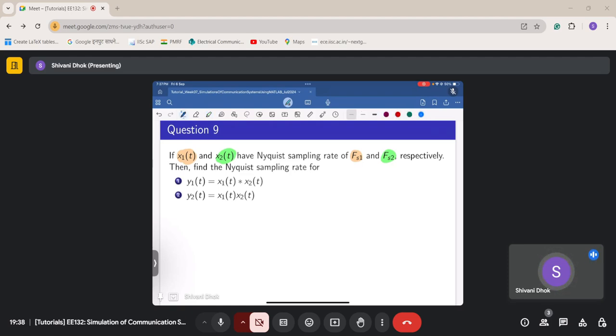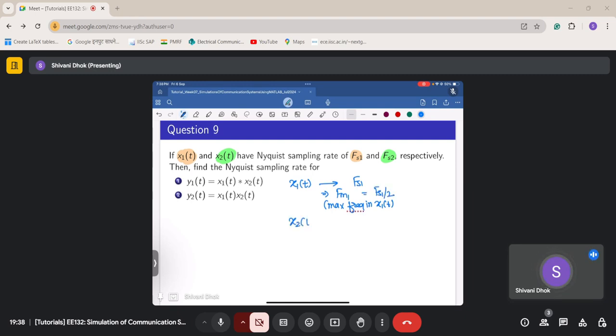So what is given to us is x1(t) has Nyquist sampling rate fs1, which means that the maximum frequency in x1(t), fm1, comes out to be equal to fs1 by 2.